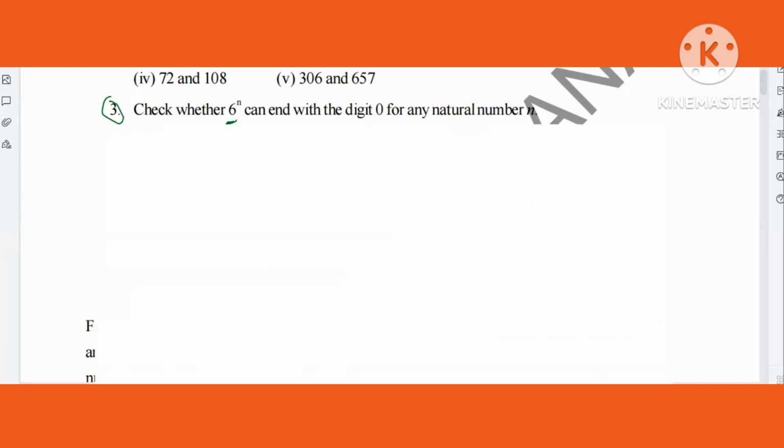So you can write 6^n equal to, you know that 6 is 2 into 3, (2 into 3) whole power n. So that is nothing but 2^n into 3^n.